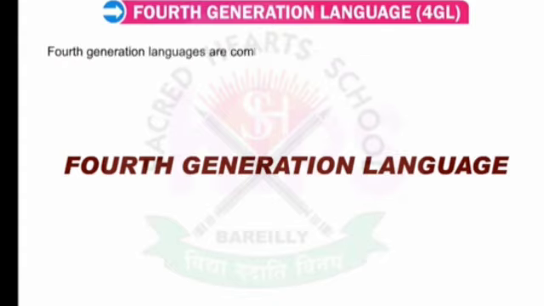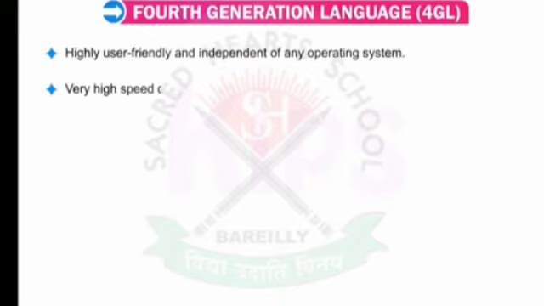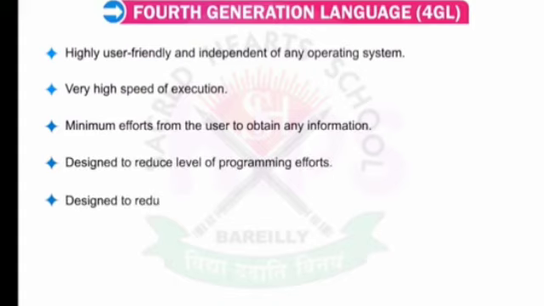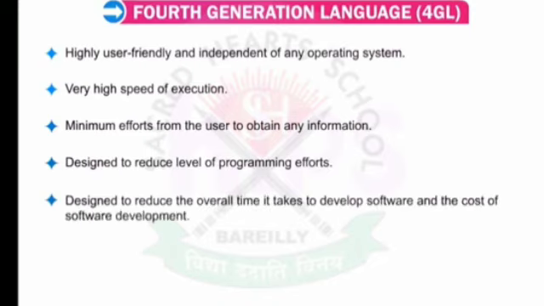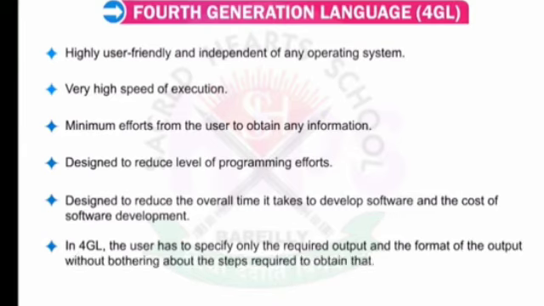Fourth generation languages are a combination of languages with the following features: highly user-friendly and independent of any operating system, very high speed of execution, minimum efforts from the user to obtain any information, designed to reduce level of programming efforts, designed to reduce the overall time it takes to develop software and the cost of software development. In 4GL, the user has to specify only the required output and the format of the output without bothering about the steps required to obtain that.